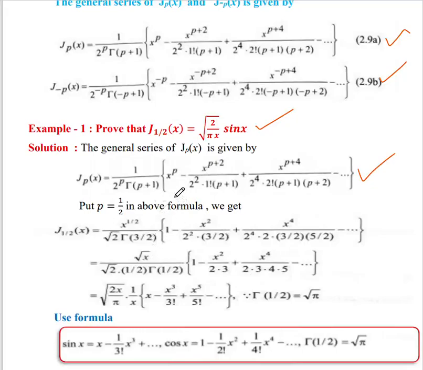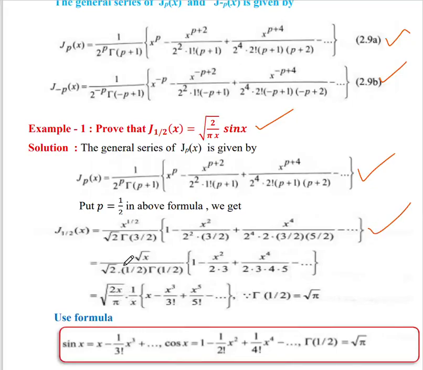Here will be 1 minus x square upon 2 square, 1 factorial, p plus 1, that is 3 by 2, plus x to the power 4 upon 2 to the power 4, 2 factorial, p plus 1, that is 3 by 2, and p plus 2, that is 1 by 2 plus 2, that is 5 by 2, minus. In this way we can put the values of p and write the steps.